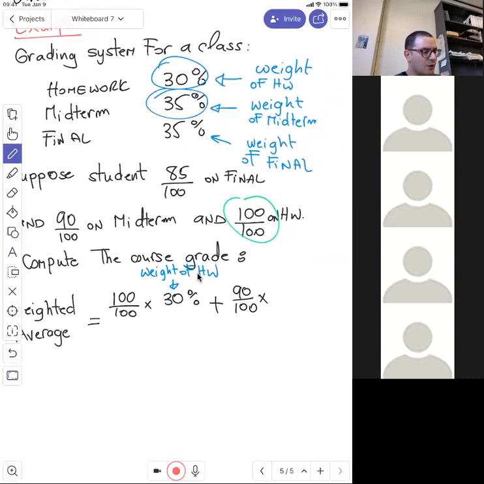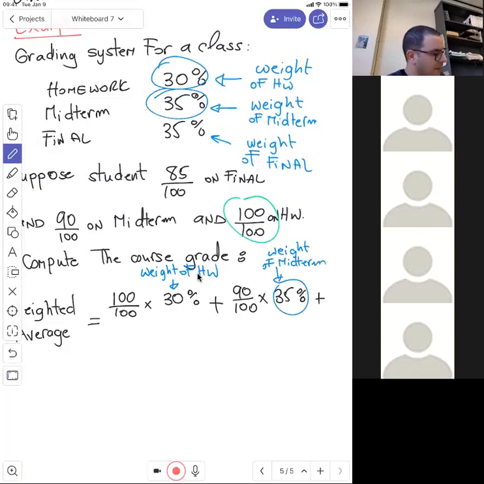So we need to multiply the grade of the student in the midterm by 35%. The 35% again is what I call the weight of the midterm.